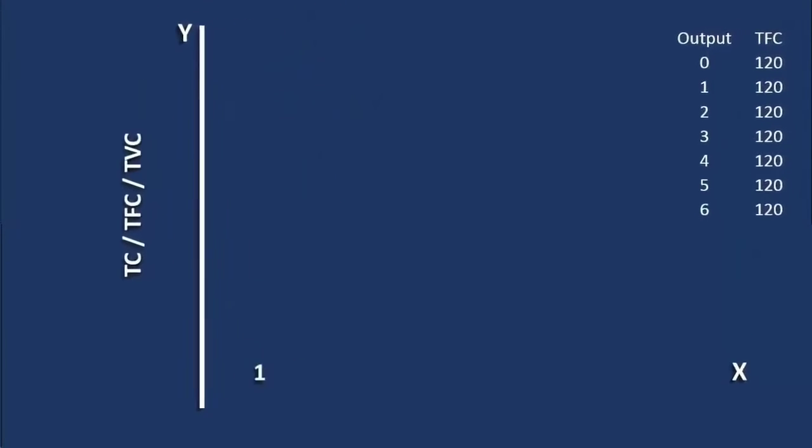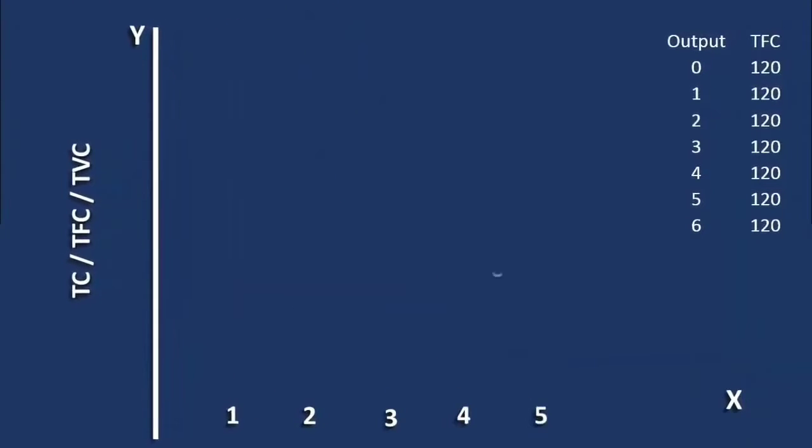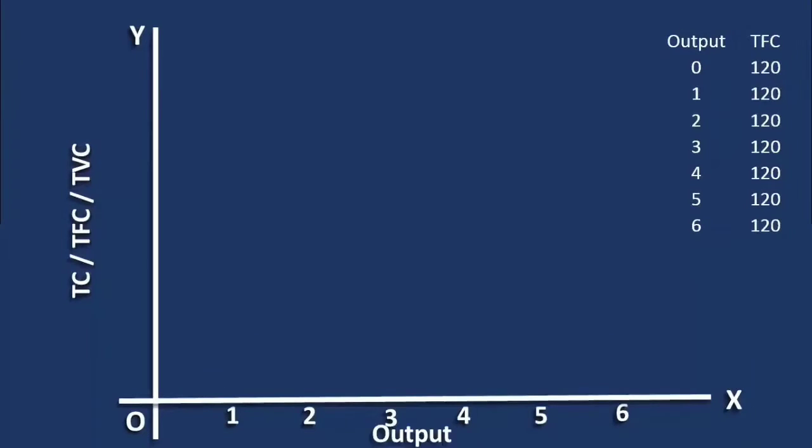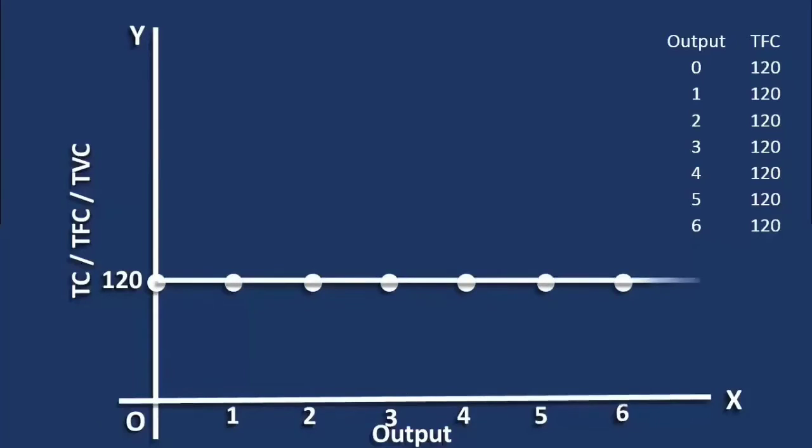Now we'll see what is the shape of the TFC curve under short run. You can see the table which shows the output and the total fixed cost. The output varies from 0 to 6 units, but TFC remains fixed at 120 rupees.